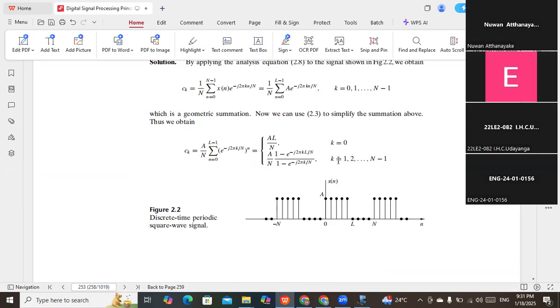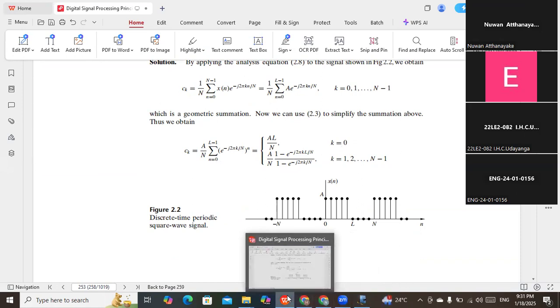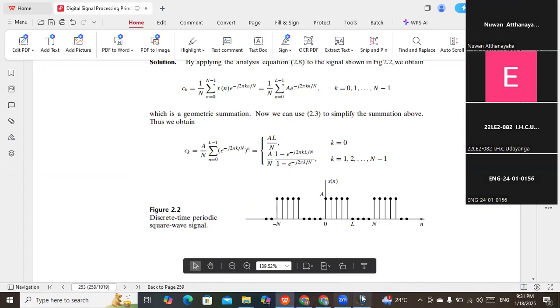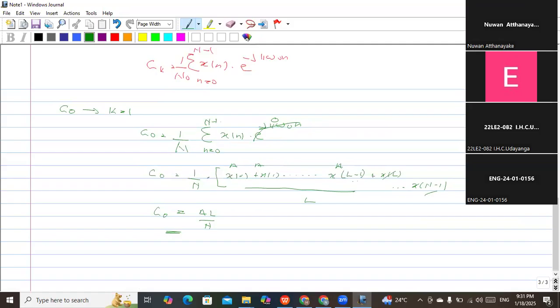But for the others, this term will have some complex terms also. So we will try to get a general value here. That is c naught.